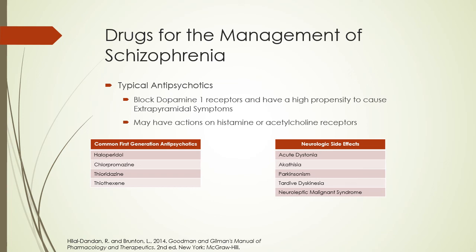Another extrapyramidal symptom is akathisia, which means motor and psychologic restlessness. Again, because dopamine 1 receptors in the nigrostriatum are also inhibited, this will result in Parkinsonism, which will manifest as rigidity, bradykinesia or slow movement, postural instability, and the like.